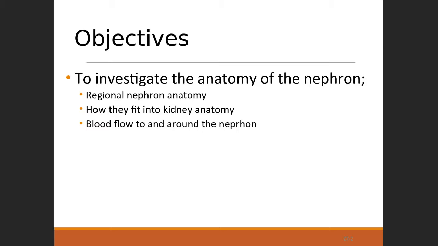We once again have to make sure we understand how the nephron fits into our general kidney anatomy, and how the blood flow to the kidney relates to the blood flow to and around the nephron.